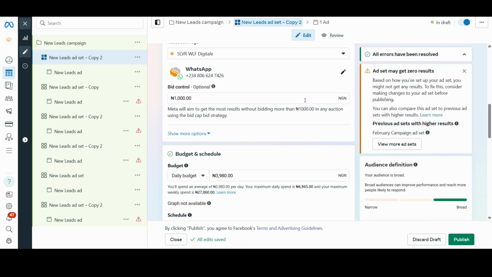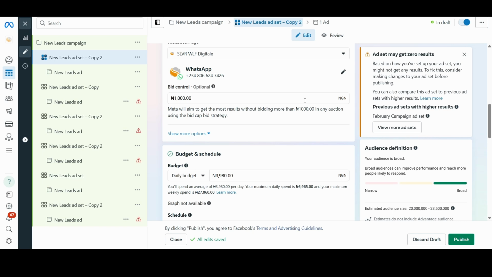What we're telling Meta is that we do not want for any reason for our lead to exceed 1,000 naira. So our cost per lead should not exceed 1,000 naira. You can see it here. Meta will aim to get the most results without bidding more than 1,000 naira in any auction using the bid cap strategy. So you can see that right there.